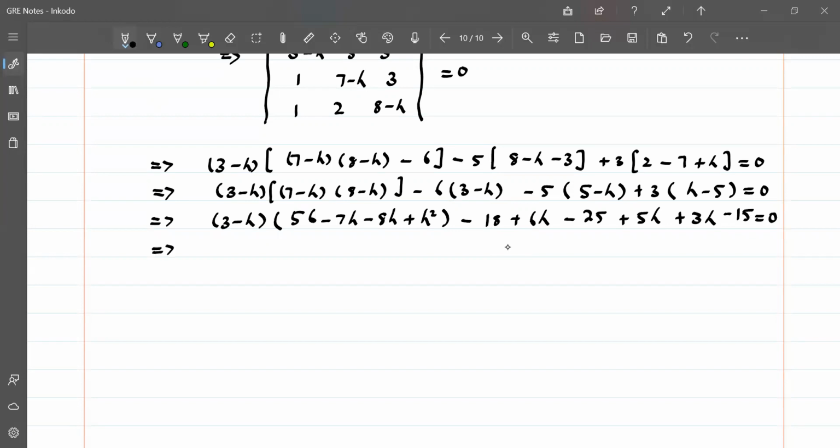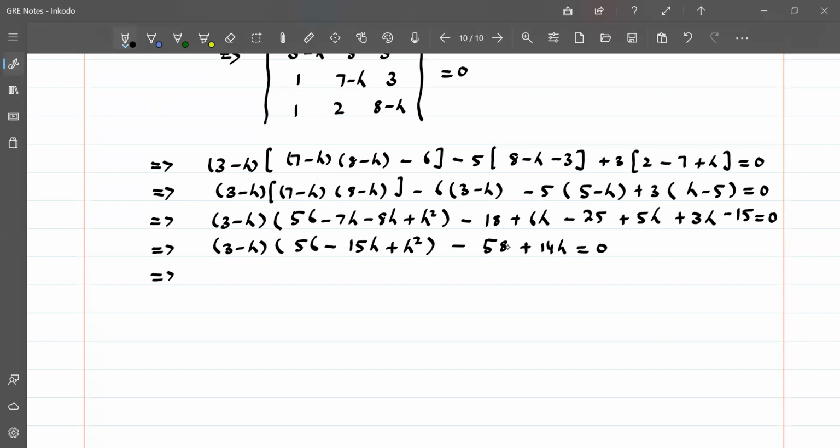Now we again simplify this. 3 minus lambda into 56, minus 7 minus 8, which is minus 15 lambda, plus lambda square, minus 18, minus 25, minus 15, which is minus 58, and then 6 lambda plus 5 lambda plus 3 lambda, which is plus 14 lambda, equal to 0.